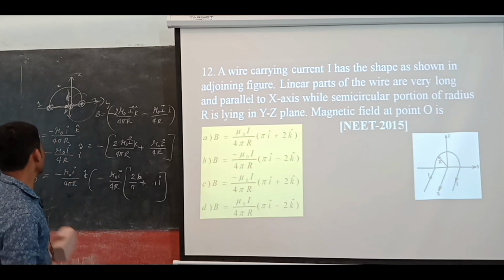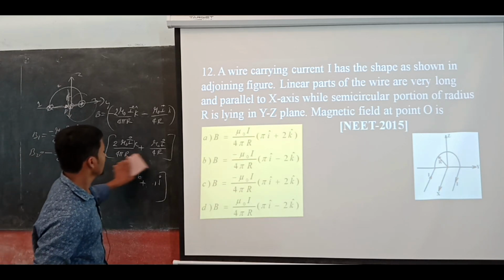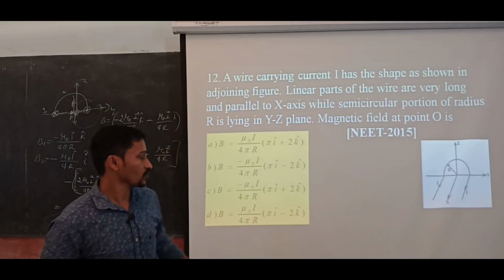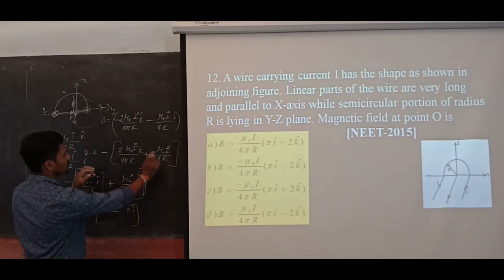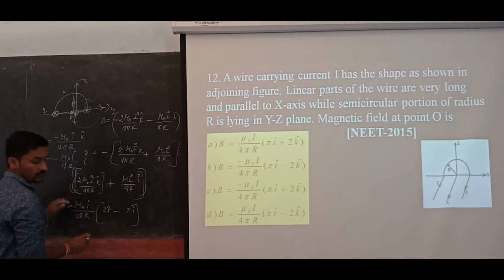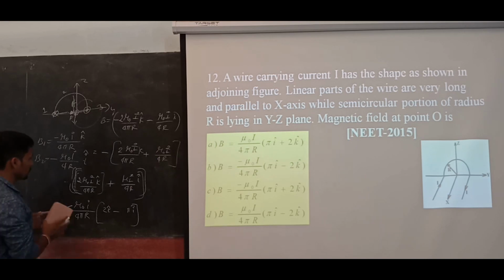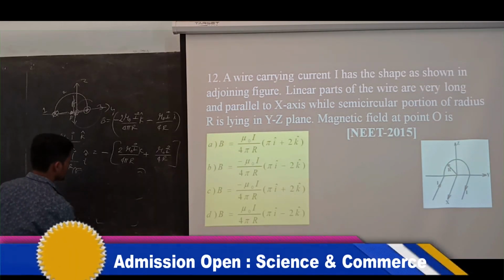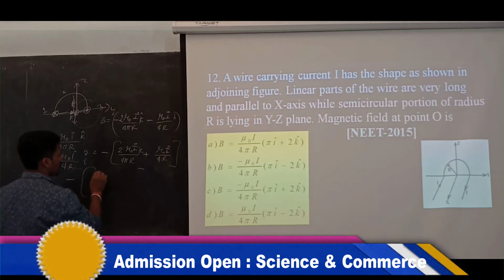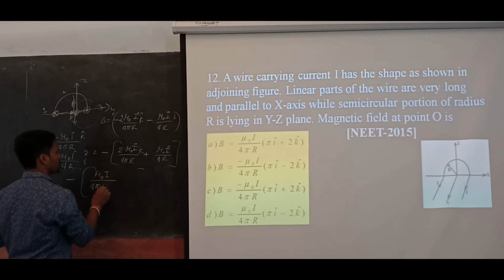So go through this clearly. Minus we have taken already, minus is there. So take the common term in these equations. Minus will be there, mu naught I you are going to take out, divided by 4 pi r you are going to take out.